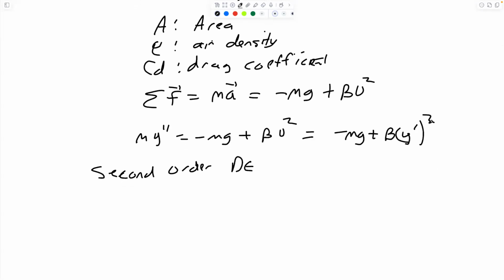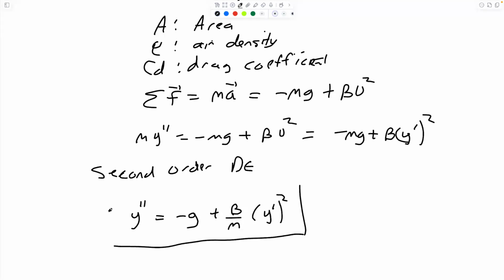I've got y prime squared in here. Now, a lot of times it's a little cleaner if we divide through by this m here. So I'm going to do that, get rid of this m, and call this y double prime equals negative g plus beta over m y prime squared. This is the DE we're going to be solving.